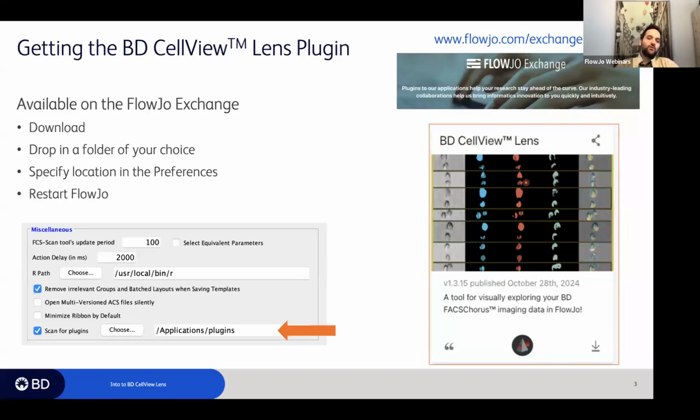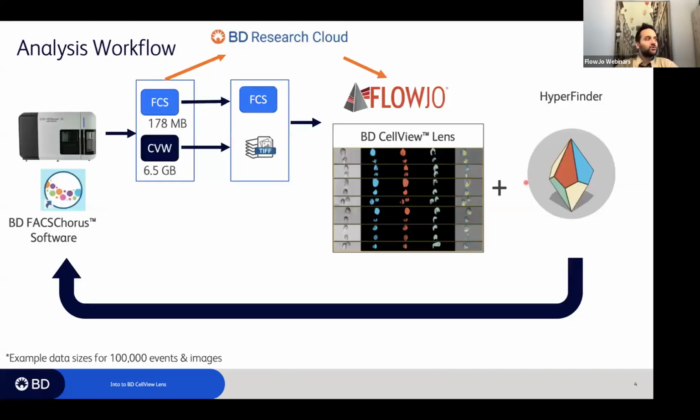So I'll show you now the total workflow we're going to use here today. Let's say you have the instrument. I guess for you to be joining here, you possibly have or are thinking of having the instrument. The instrument uses BD FACS Chorus, so you will record your sample there. Then you will have an FCS file, the flow cytometry standard file, and together you will have a CVW file.